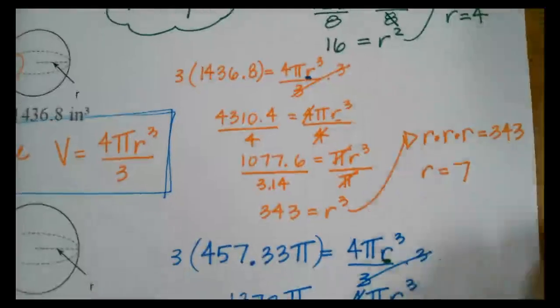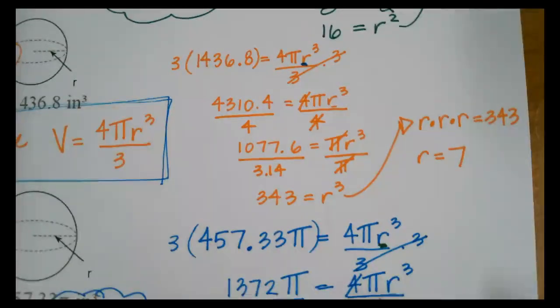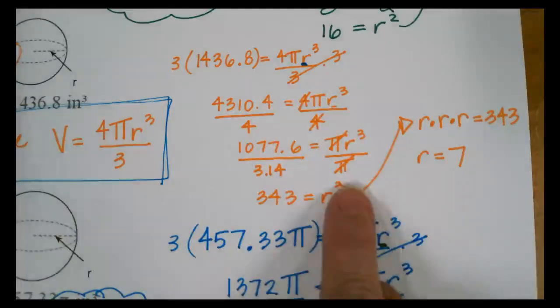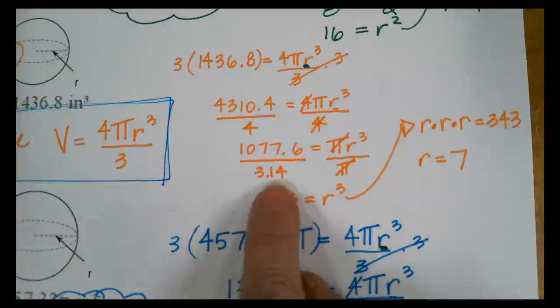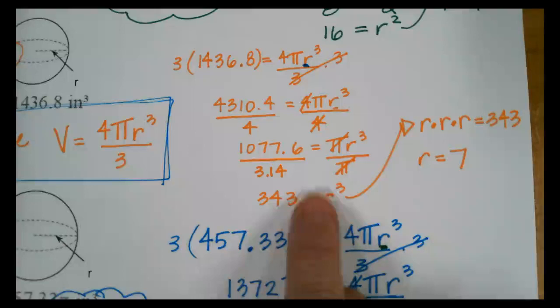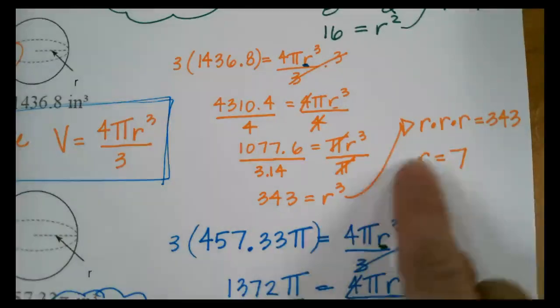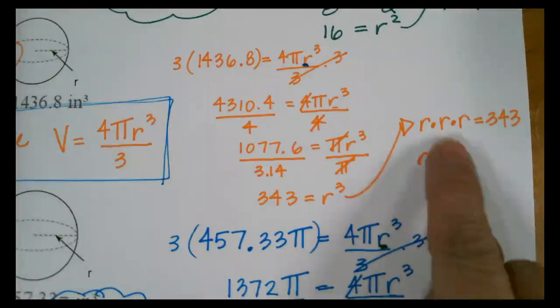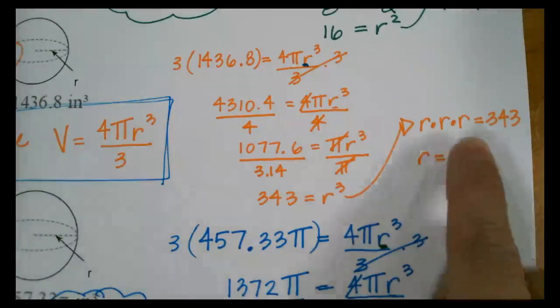And then spheres, just remember that it's r cubed. So once we divide by 4, divide by pi, multiply by 3, we have r cubed. So we need to keep in mind that that means r times r times r.